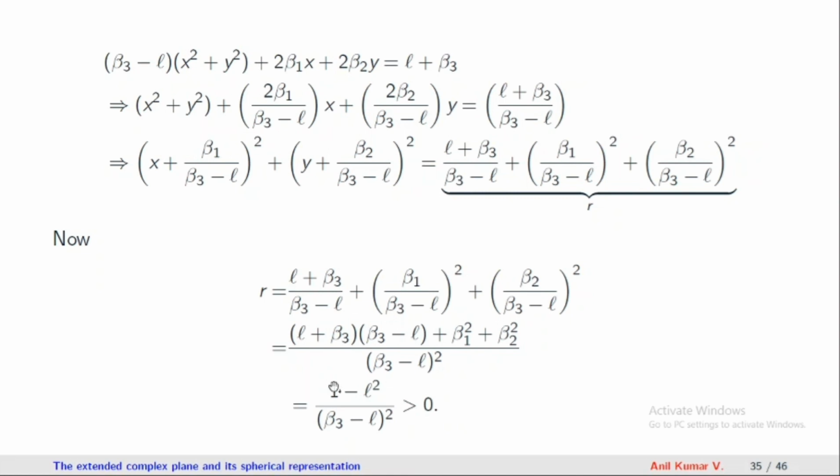So this term is positive. So this equation represents a circle in C. So the conclusion is, if delta is a circle in the unit sphere which does not pass through the north pole, then its projection is a circle in C.